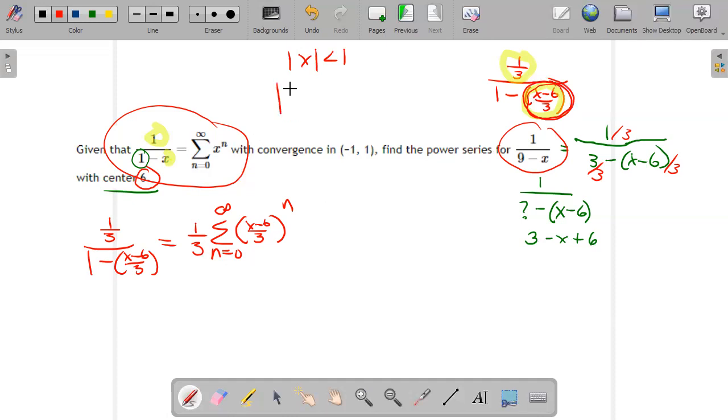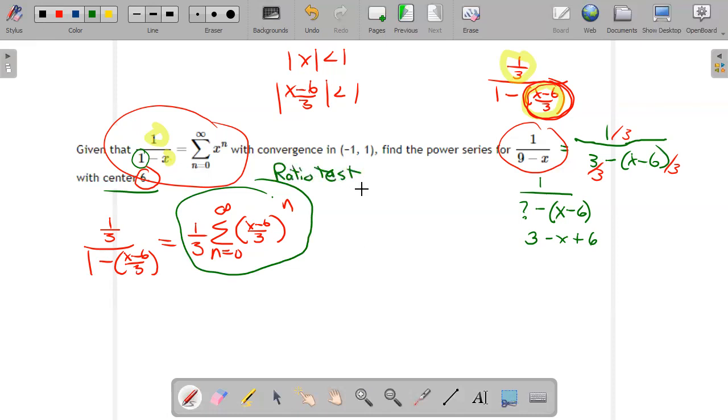So now we have the absolute value of x minus 6 over 3 is less than 1. The alternative to doing that is to use the ratio test on this right here. So you could apply the ratio test that'll accomplish the same goal. All right, cleaning this up right here, I can multiply both sides by 3. So I get x minus 6, in absolute value, is less than 3.